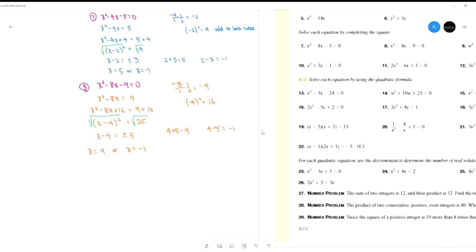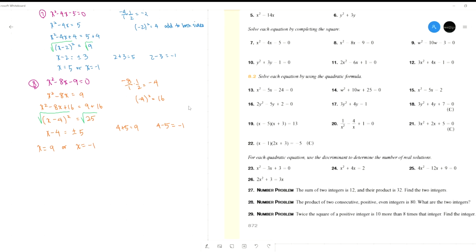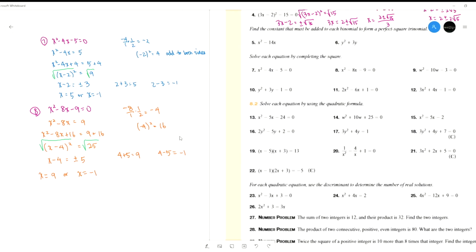Alrighty, let's take a look at number 9. So number 9 is, let me just copy this down. Number 9, w squared minus 10w minus 3 is equal to 0.